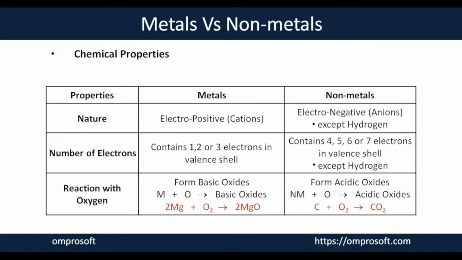For example, carbon is a non-metal, and when it combines with oxygen, it produces carbon dioxide gas, which is acidic in nature. So this is the difference between metals and non-metals on the basis of reaction with oxygen.